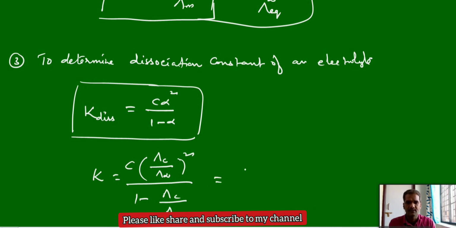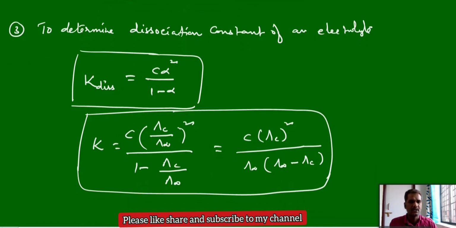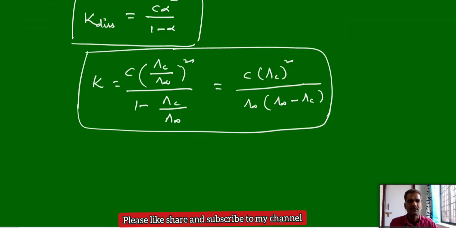From this, C into lambda C square by lambda infinity will get cancelled out, then K equals C lambda C square by lambda infinity into lambda infinity minus lambda C. So here we can apply the molar or equivalent concentrations at some concentration C or infinite dilution directly, or else you can use the first formula C alpha square by 1 minus alpha.